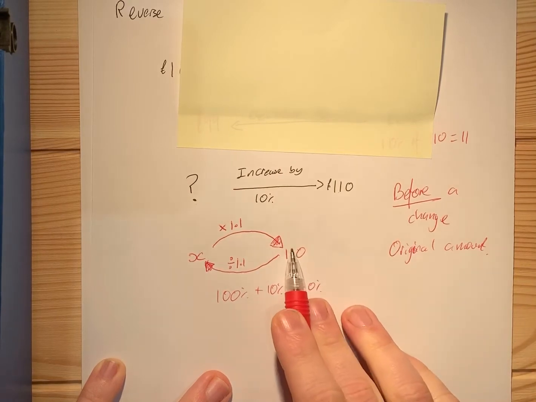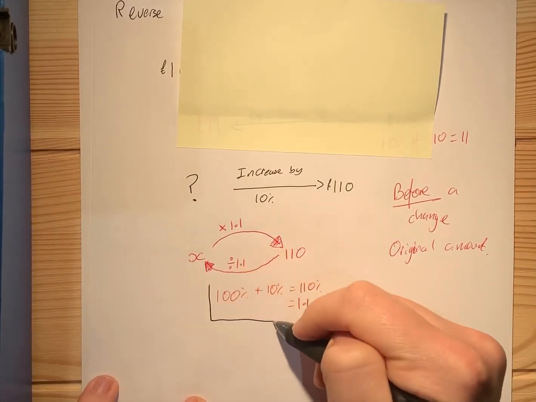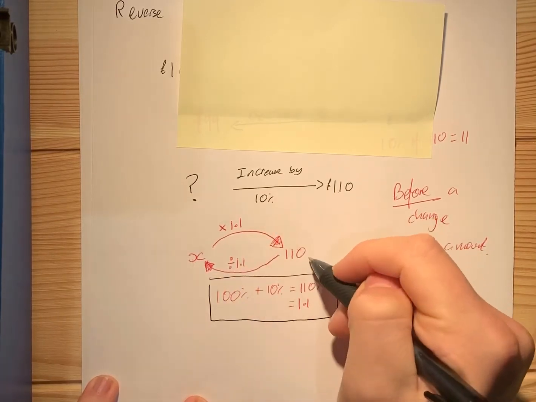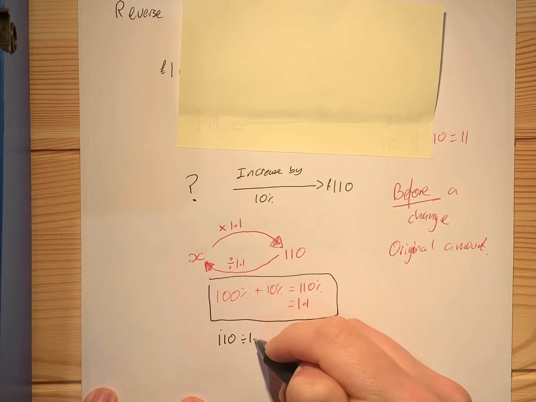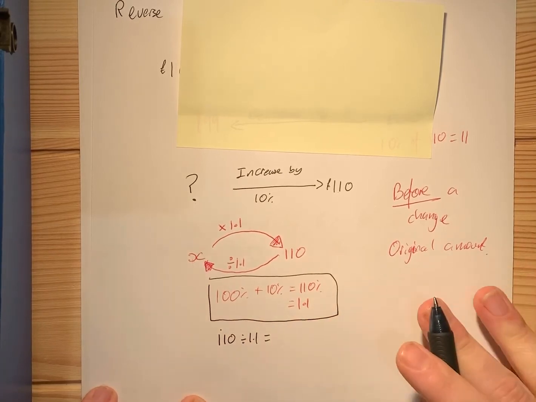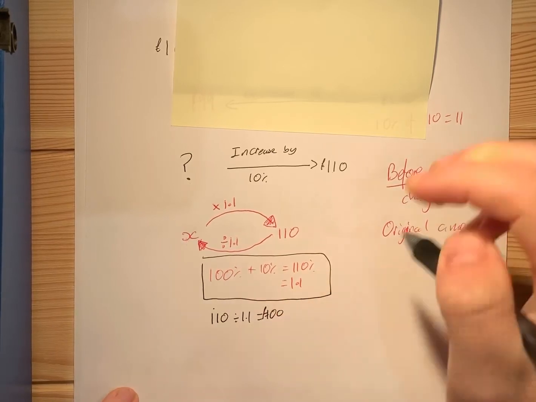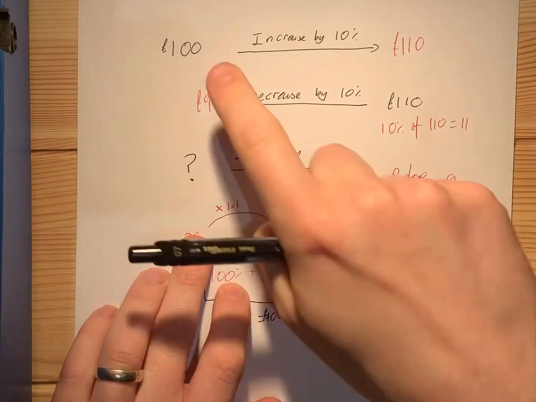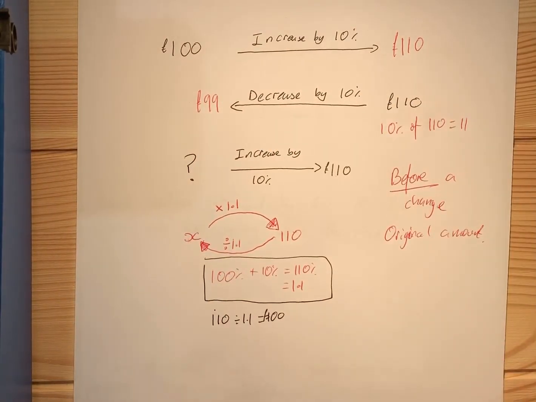So if I do 110 divided by 1.1, and do that on your calculator, that will give me £100, which is what we started with up here. So that's the idea of reverse percentages.